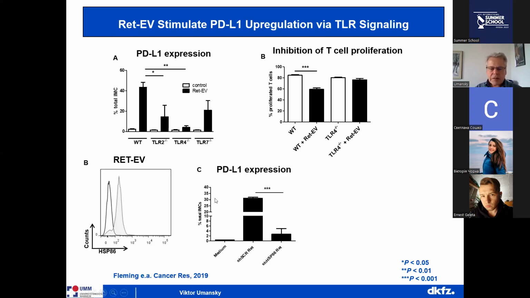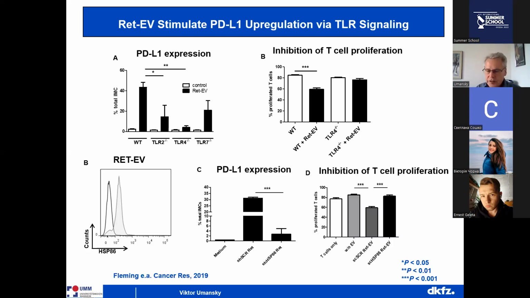If we make a downregulation with siRNA of HSP86 expression in tumor cells and isolate exosomes from them, then after treatment with myeloid cells, they were not able to upregulate PD-L1.